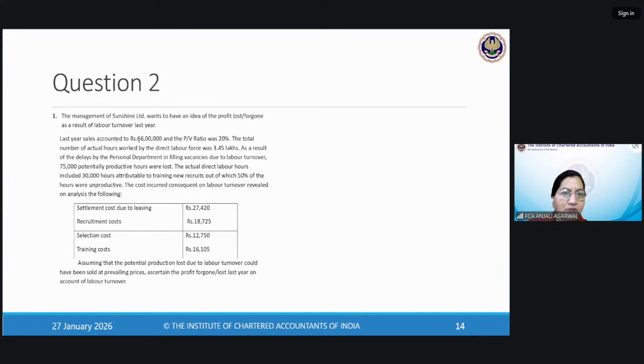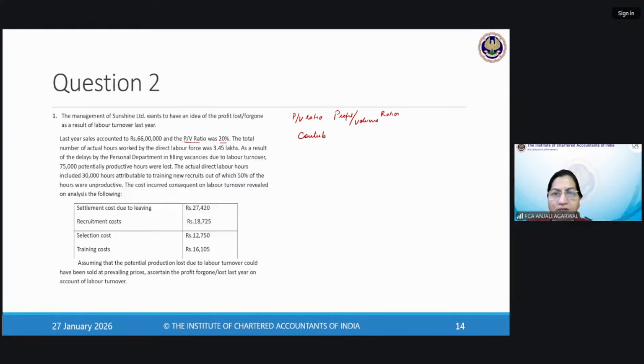Last year sales was 66 lakhs and PV ratio was 20%. PV ratio is profit volume ratio, which also comes from contribution percentage.